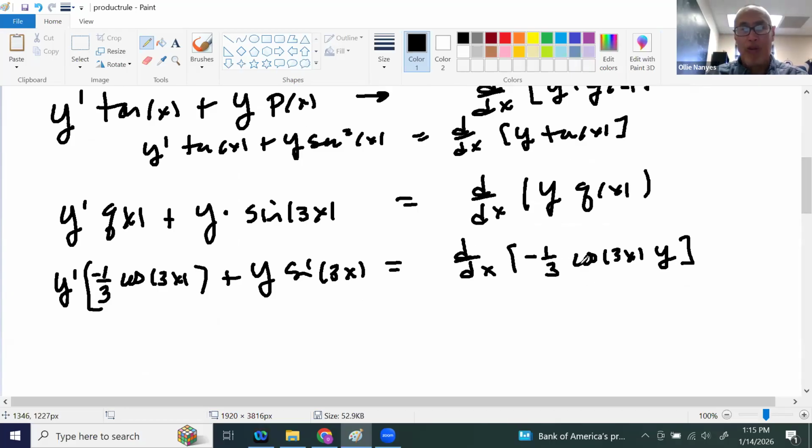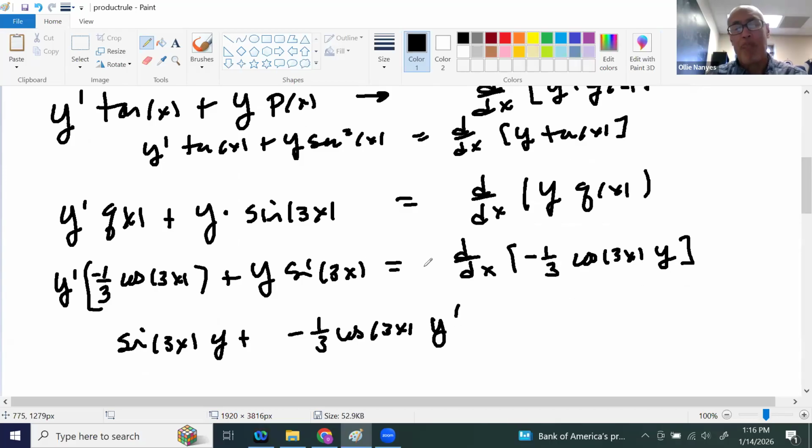If I apply the product rule to that, we get the derivative of this, negative sine of 3x times 3. So we get sine of 3x times y plus negative 1/3 cosine of 3x times the derivative of y, which is y prime. So in our class, we're going to practice going between these two different forms.